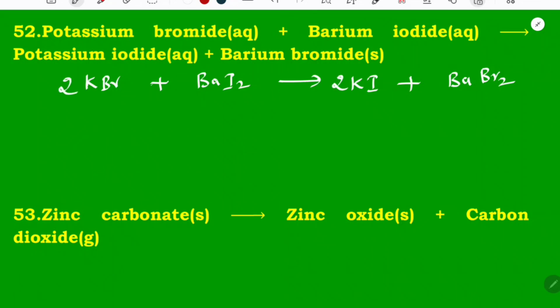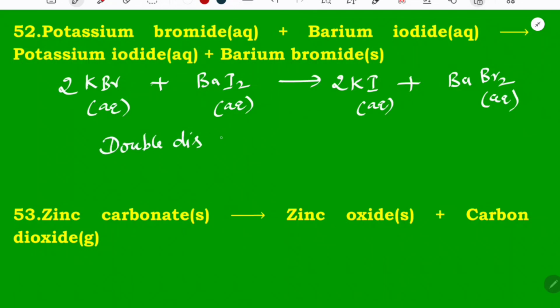Now everything is balanced. This is aqueous, this is also aqueous, this is aqueous, and this is also aqueous. So what do we call this reaction? Double displacement reaction.